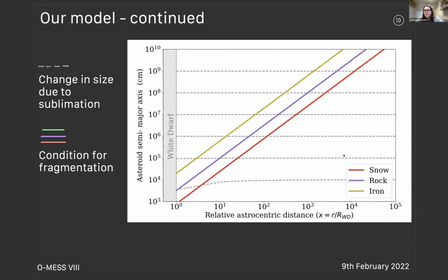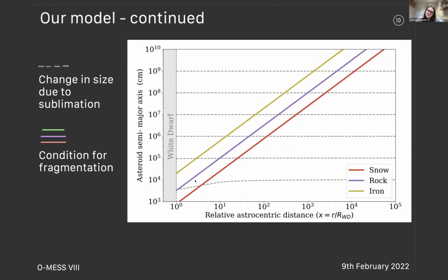Now, the grey dashed lines on this plot show how the semi-axis changes, so how the size of the body changes due to sublimation. And you can see that largely for the sizes shown here, they really don't change too much until you get to this very small size, where you begin to see a curling down where mass is starting to be lost here. Whereas the diagonal colored lines show the condition for fragmentation.